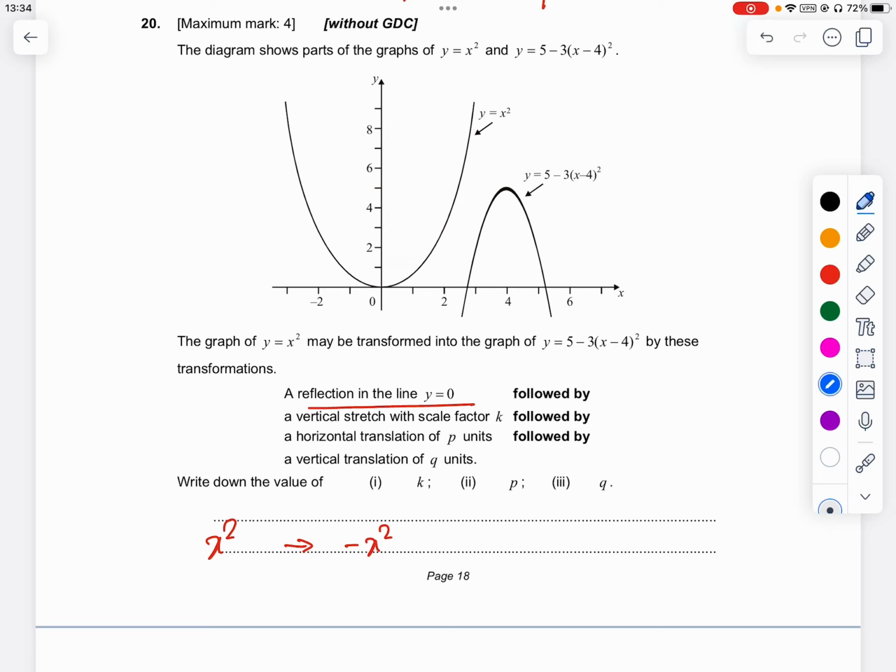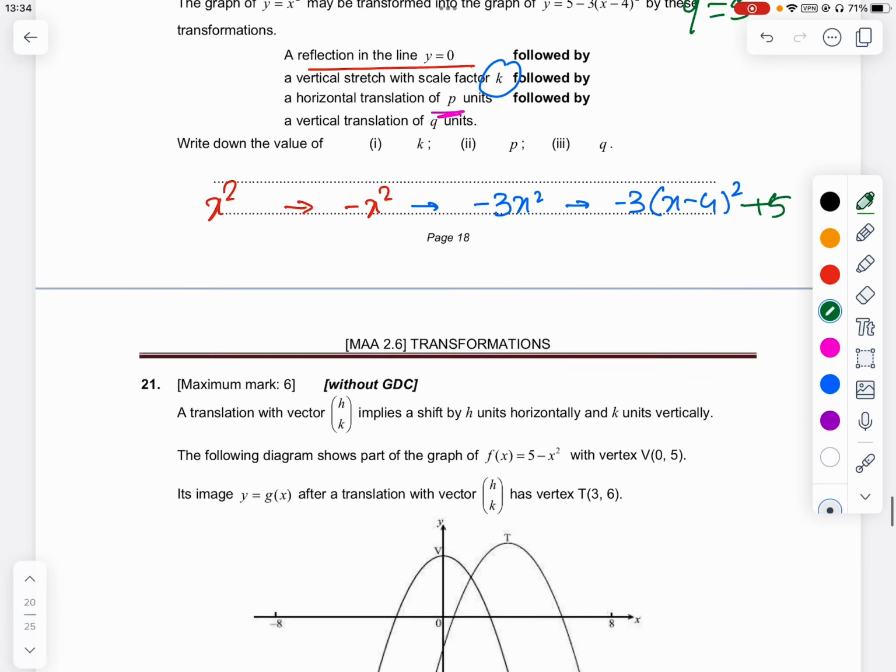Then it is a stretch factor, so -3x². So what is the k value? The k value is 3. Then what am I doing? I will be moving it out, (x - 4)², so this gives me the p value as 4. Then I am moving it 5 units up, so plus 5. So the q value will be equal to 5. That's going to be the answer.